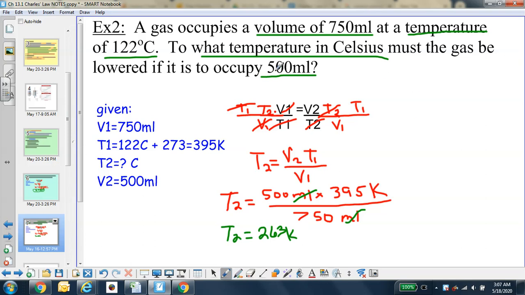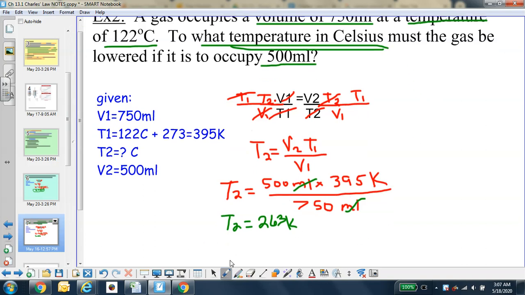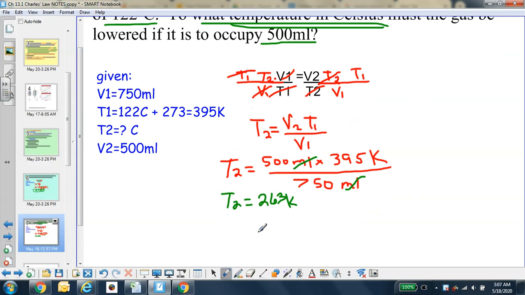Now, pay close attention because it tells us that we need our temperature to be in Celsius. So, what do I need to do to get it back into Celsius? Well, if I'm in Kelvin and I need to go to Celsius, I need to subtract 273.